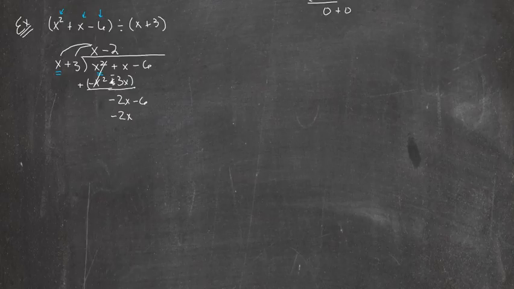Minus 2 times a positive 3 is a minus 6. Turn it into addition by changing the signs inside. Negative 2x plus 2x cancels. Negative 6 plus 6 cancels. So this equals 0. So the answer is x minus 2.